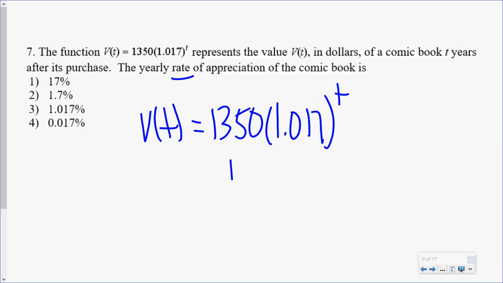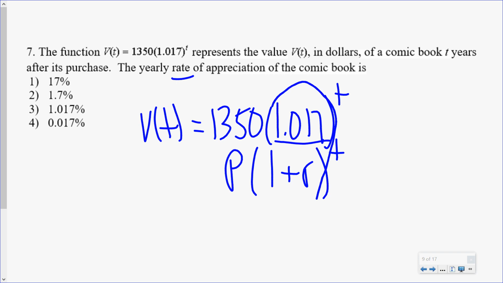And I know it's principal parentheses 1 plus or minus the rate to the power of time. Well, is this more than 1 or less than 1? It's more than 1. So I know, if I'm talking about the rate here, 1 plus the rate is 1.017.